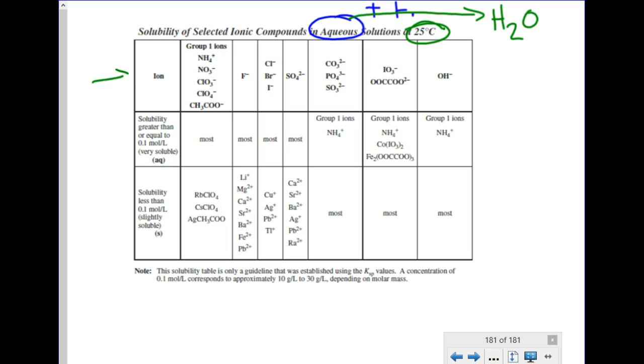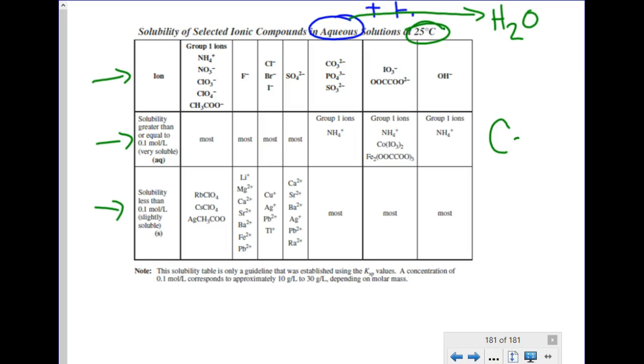We have 3 rows. Across the top row, we have mainly negative ions. In an ionic compound, where do negative ions usually hang out?